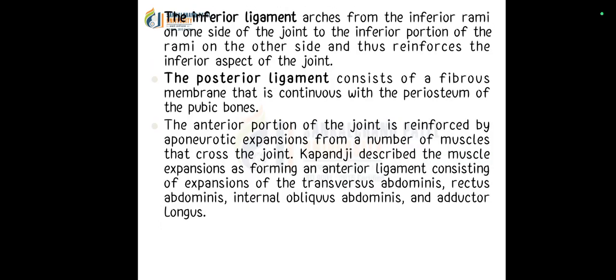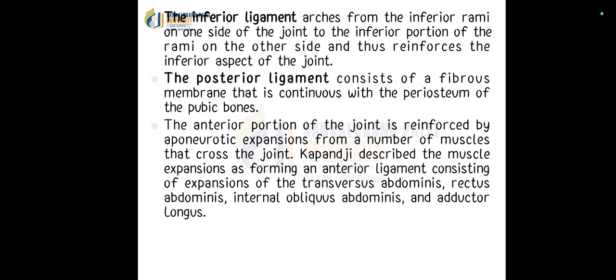The inferior ligament arches from the inferior rami on one side of the joint to the inferior portion of the rami on the other side and thus reinforces the inferior aspect of the joint. The posterior ligament consists of a fibrous membrane that is continuous with the periosteum of the pubic bone.